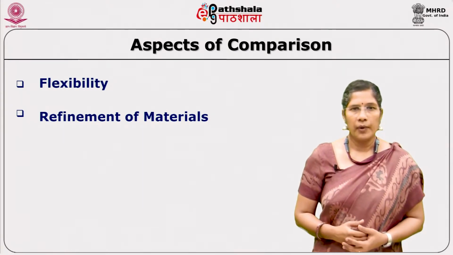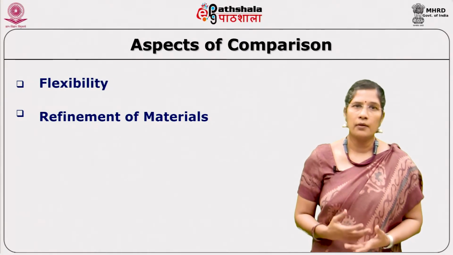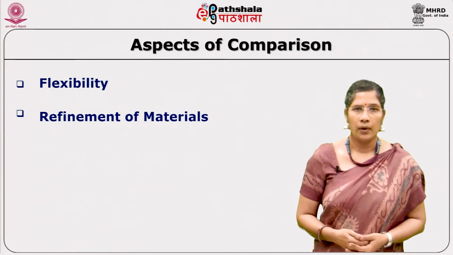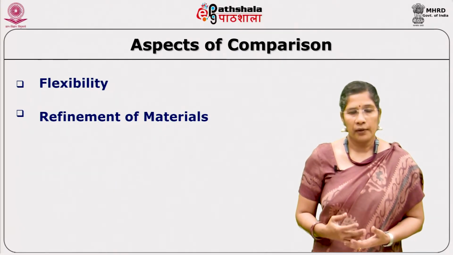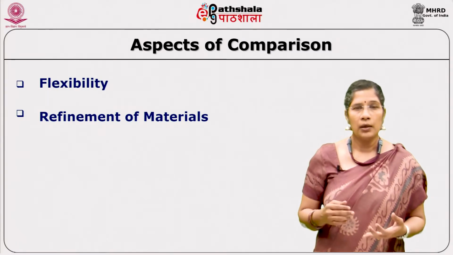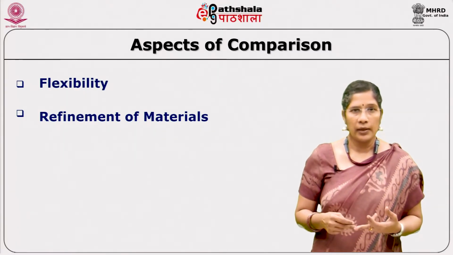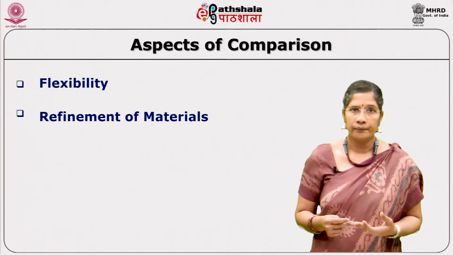The first aspect of comparison is about the flexibility that the distance education model offers. This flexibility is on the aspects of the time that is available for the learner to study, the place that is available for the learner, and the pace at which one wants to study.